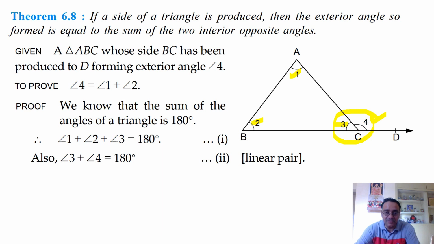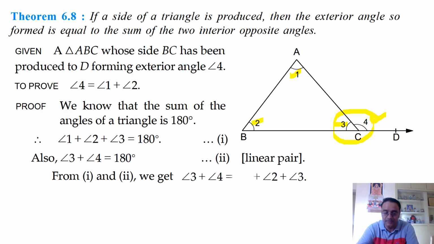From these two equations, we come to the conclusion that angle 1 plus angle 2 plus angle 3 is equal to angle 3 plus angle 4. Right? Now angle 3 is common on both sides, so we can eliminate these two. We can subtract angle 3 from both sides. So we get angle 4 is equal to angle 1 plus angle 2. So this is theorem number 6.8.